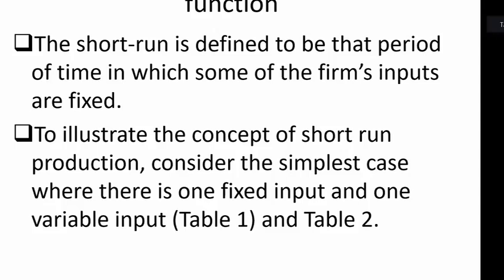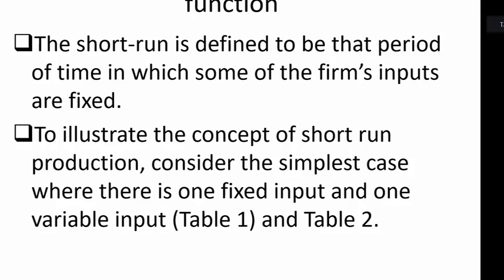So now let's see. In this production, we are going to see the concept of short run production, and we will see the long run production. So when you say short run production, it is defined to be that period of time in which some of the firm's inputs are fixed.